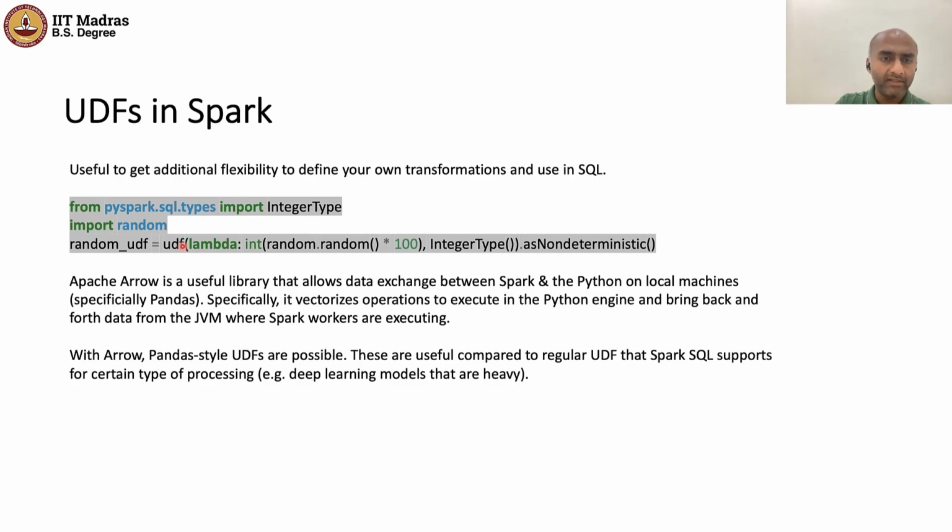So that when the actual data gets executed, and gets exchanged between the executor and the Python on the machine, for scoring purposes, then the UDF which is already constructed in memory gets applied.